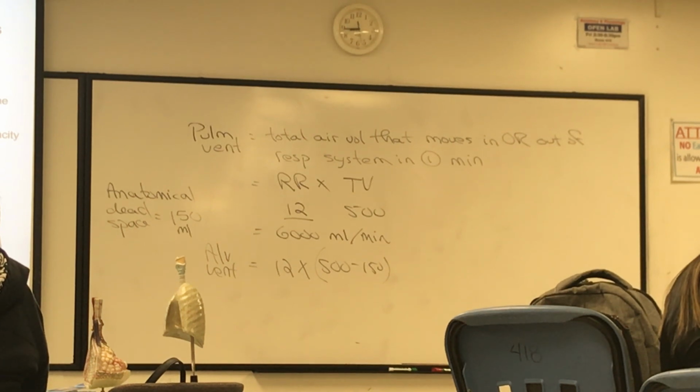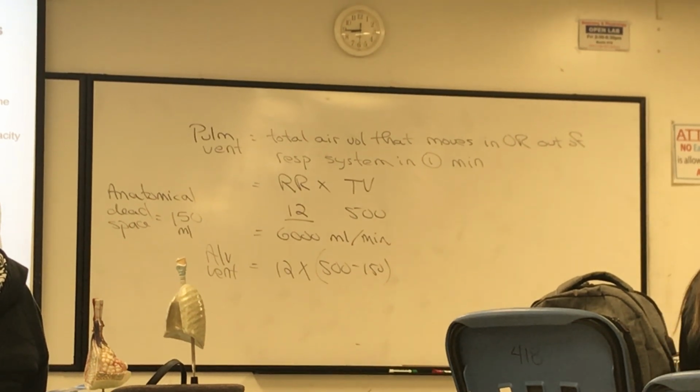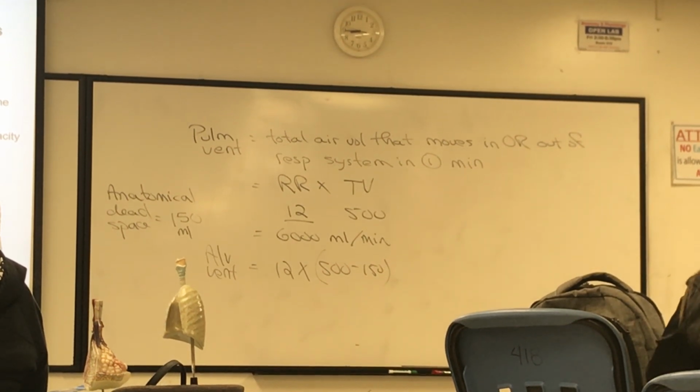Then out of 800, 650 mils was actually getting into my alveoli, and I wouldn't have to breathe nearly as rapidly, but I'd have to breathe more deeply. So fewer breaths, but deeper, is a more efficient way of oxygenating our lungs and getting rid of the CO2 when we breathe out, okay?